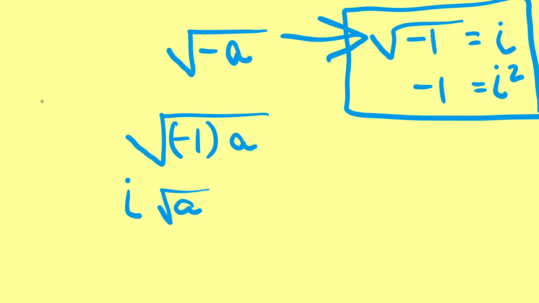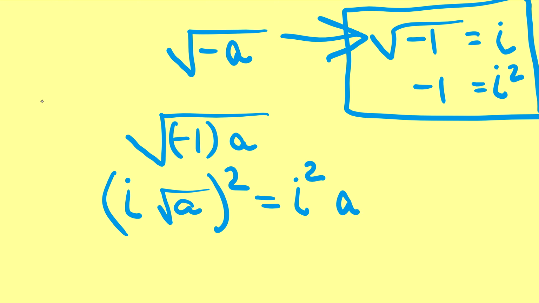Okay, and then I could say, to justify this, if I took i times the square root of a, and I squared it like this, going backwards, then I could justify this by saying, what does this equal? i squared times a.